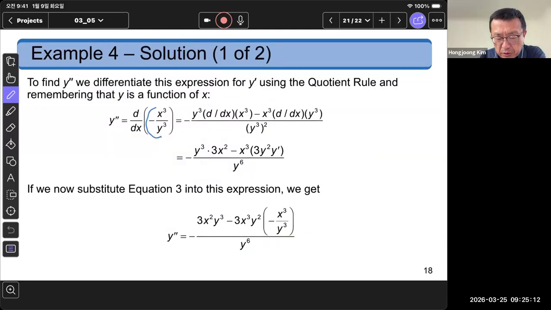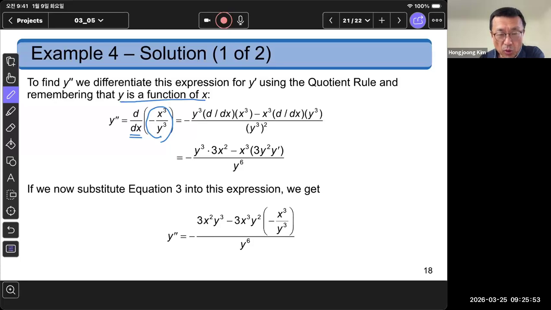If I differentiate this function with respect to x, please remember that this y is a function of x. Even though we didn't find the explicit representation, we know that y is a function of x. So I have a composite function of x in the denominator, and an x cubed function in the numerator.